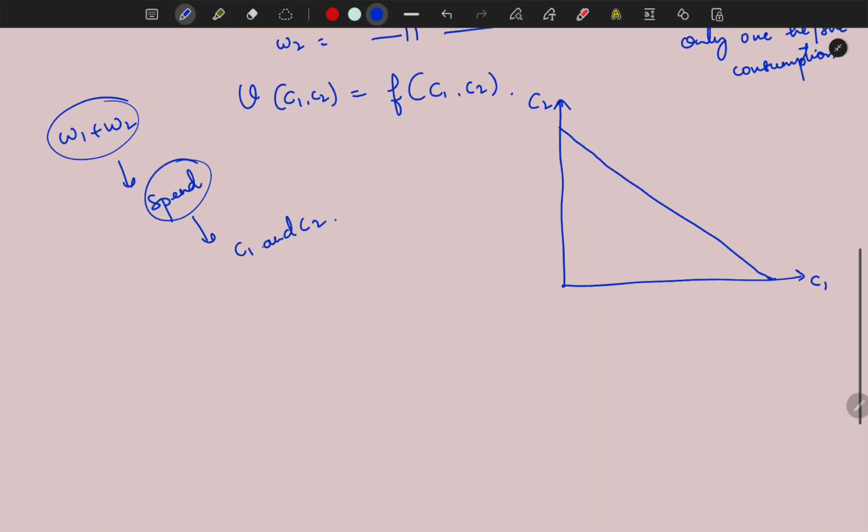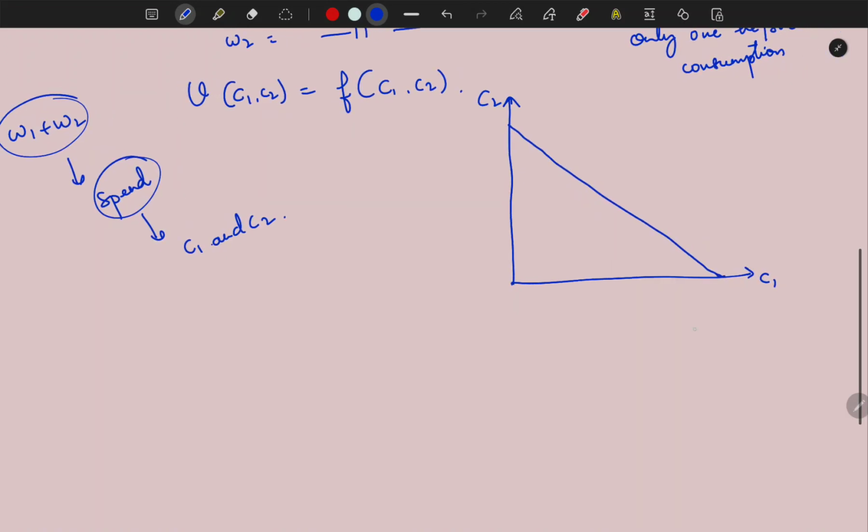So this C1 is nothing but, what is C1 at this point? Whatever the wealth he has. If you are talking about only one period wealth, that will be W1. Yeah, that will be W2. That's the maximum he can consume, right or wrong?